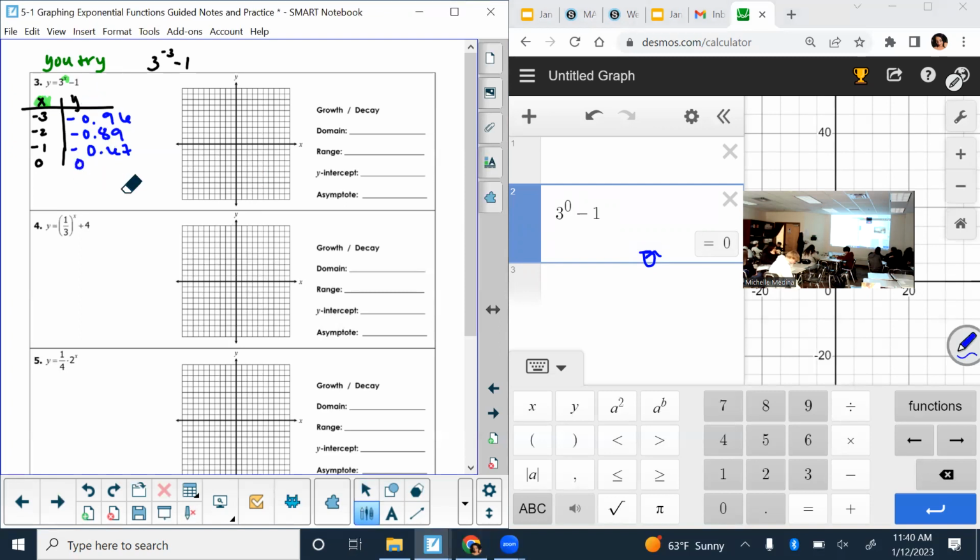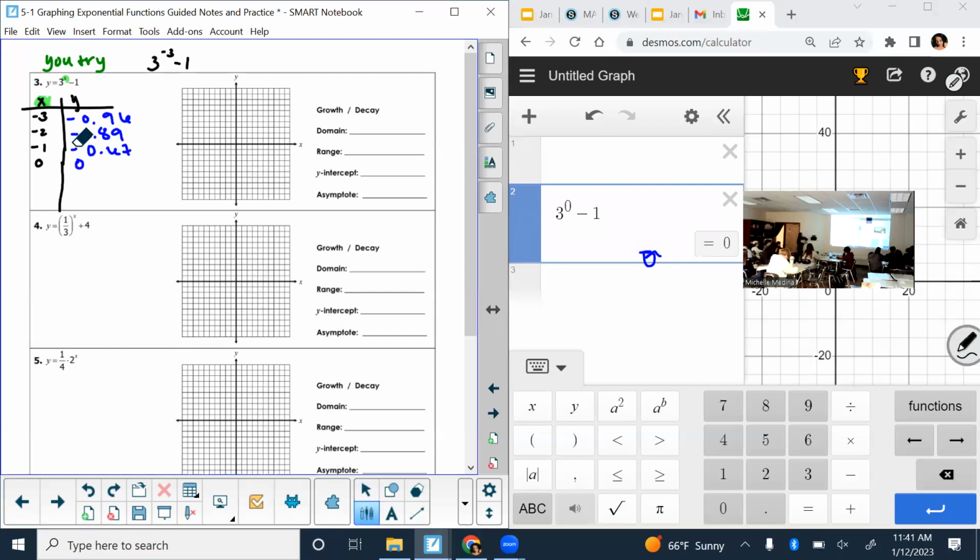Now graphing these so far probably won't give me much information, right? So I might need a few more x values just so I can actually see that curve. And it looks like going to the left of the x-axis probably won't help me because they're all really close together, right?